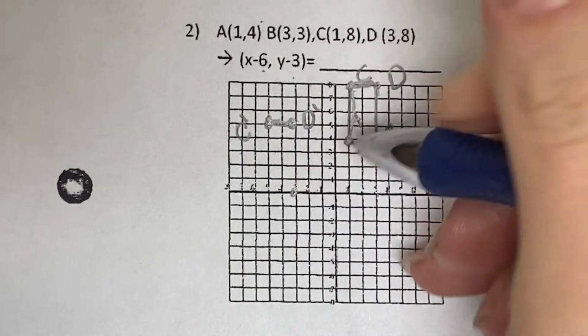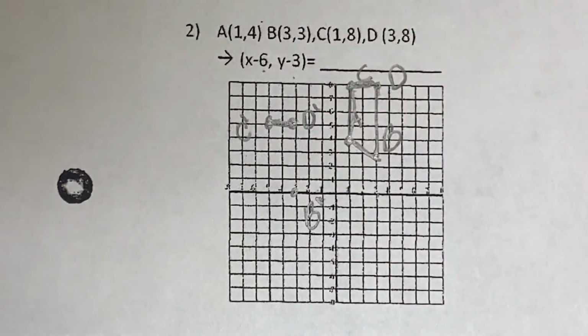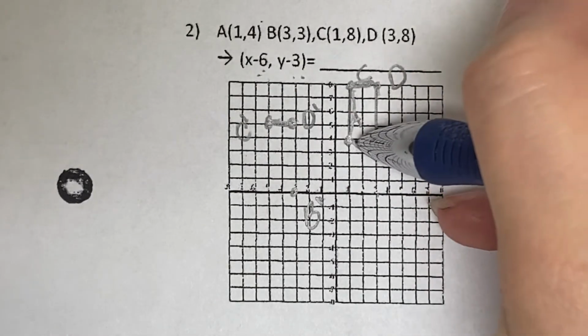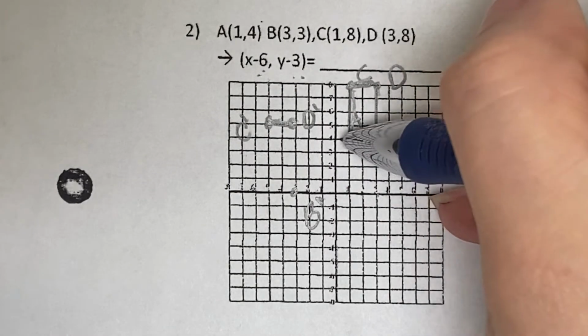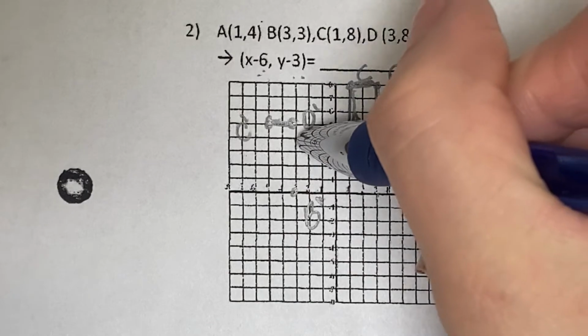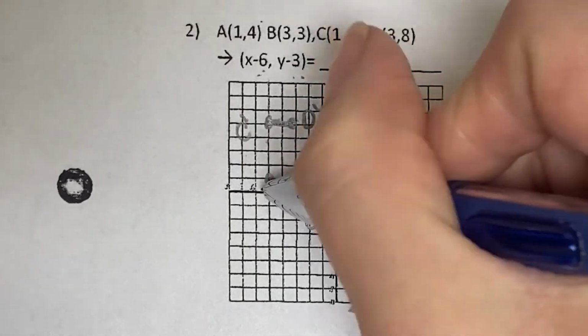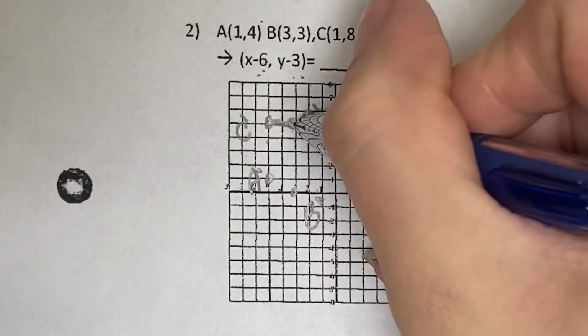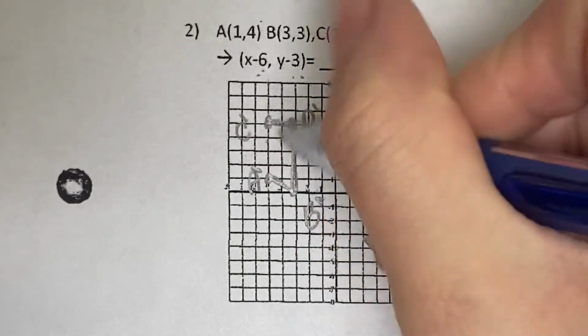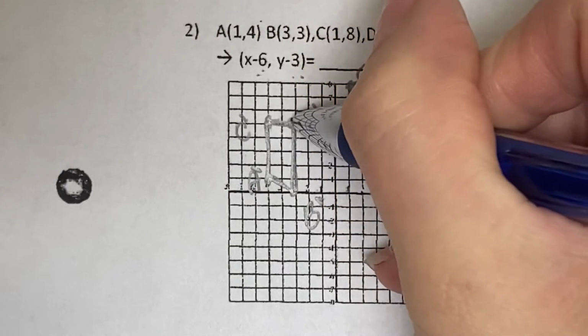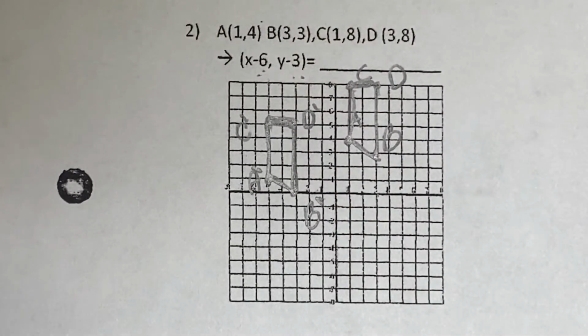If you do not understand that shortcut, don't worry about it. Just do the left 6, down 3 every time. So if we don't understand the shortcut, we'll just take A and go left 6, down 3. It would be A prime. So my shape should never change size here. It is only going to move on the graph.